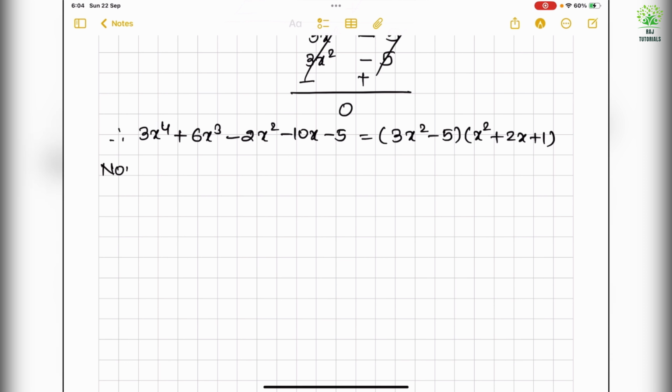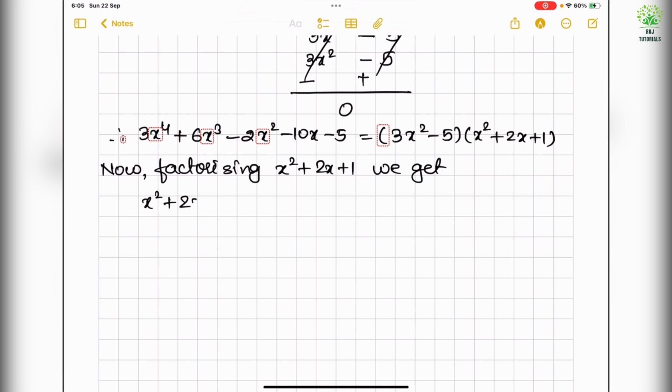Now 3x square minus 5 factors, so already I have. So now factorizing x square plus 2x plus 1 we get x square plus x plus x plus 1.